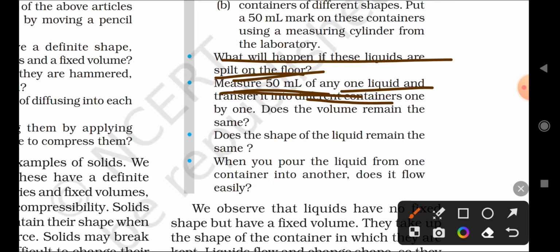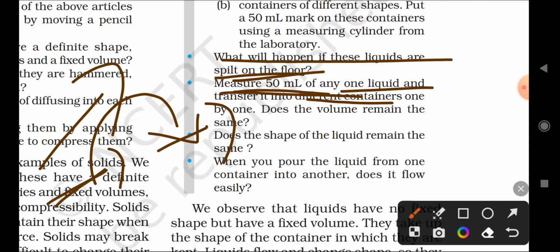First I take all types of liquids in different containers. After that, try spilling on the floor, and they are easily movable, and we can transfer them from one container to the next container. They are easily transferred from one container to another.